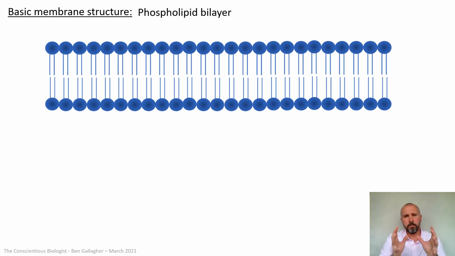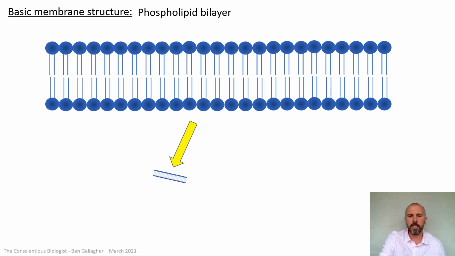Now, phospholipid bilayers are the essential integral part of membranes because if you look at it, you can have water outside on one side of that, and you can have water on the inside. In other words, you've made a skin that can hold water out but still contain liquid within, such as cytoplasm, to make a cell.